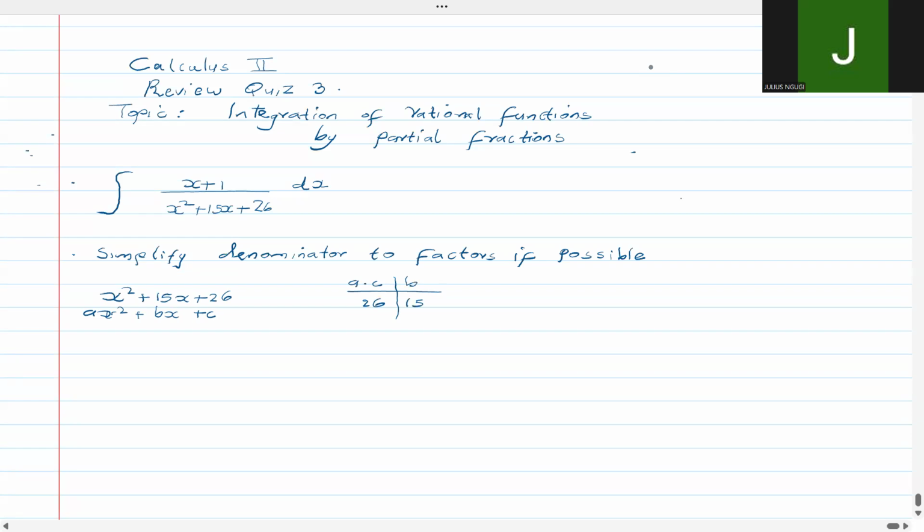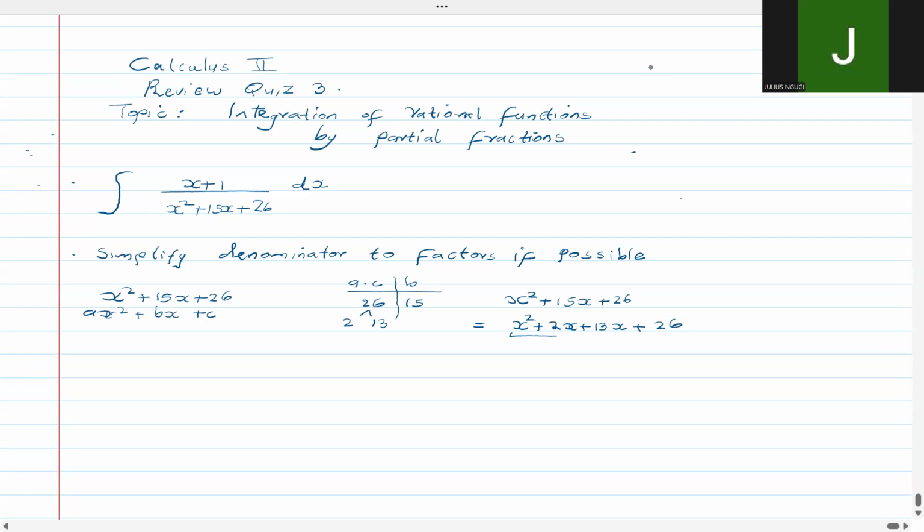So we find factors of 26 which, when you add them, give 15, and that is 2 and 13. So x squared plus 15x plus 26 can be written as x squared plus 2x plus 13x plus 26.